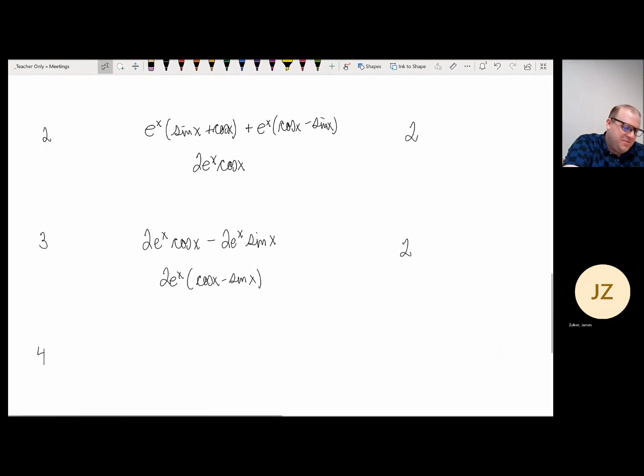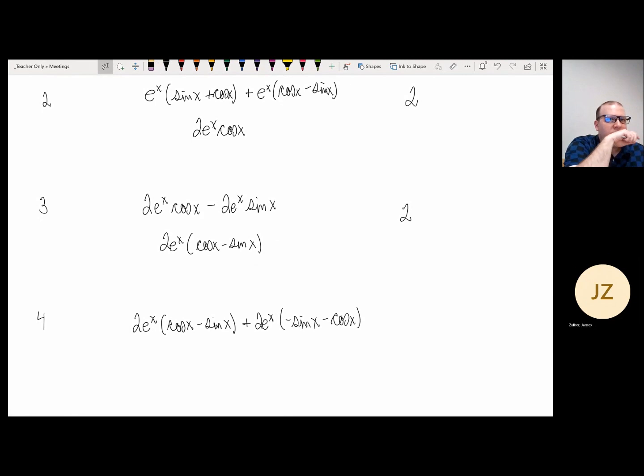Fourth derivative: negative 4 e to the x sine x. Then evaluated at 0 is 0.